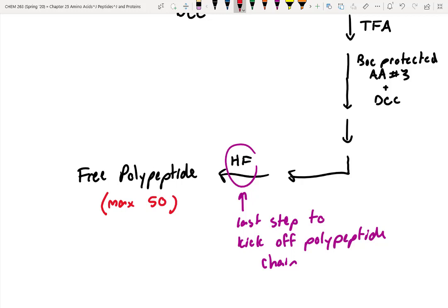But just this year, in 2020, a group from MIT started looking at this method in more detail, and they made what's called a flow reactor, where basically it's entirely automated, it runs at high temperature, avoids a lot of the problems with the Merrifield method, and now we're able to make polypeptides that I think are 168 amino acids, is what was reported in their paper.